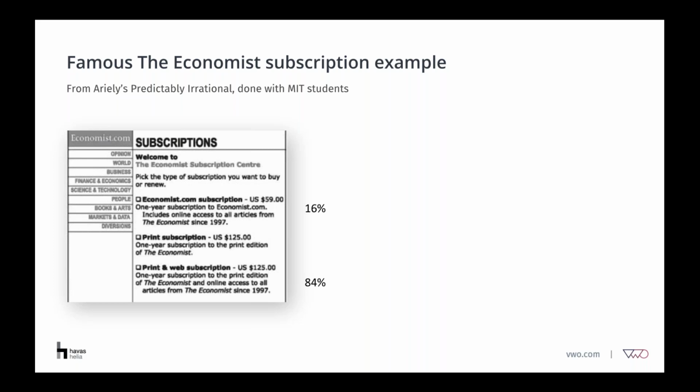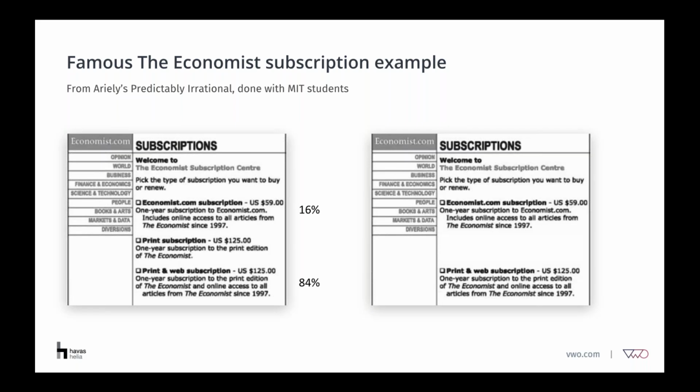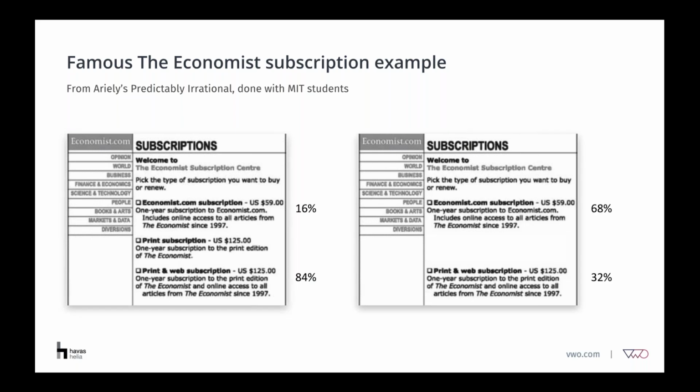For the same price, you only get the print subscription. So you can wonder, what's the point of having those 3 options instead of having just 2? And that's exactly what they tried to understand. They made other MIT students choose between the first option, web access only, for 59, and print and web, both for 125, and see if the behavior was the same.